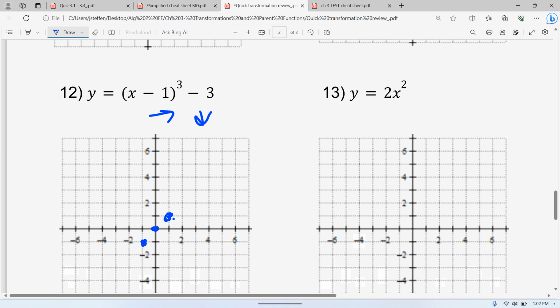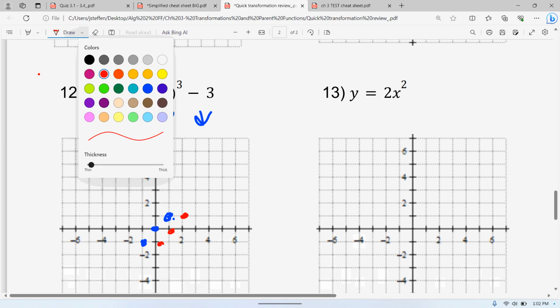Moving to the right 1. It across the X. One here.